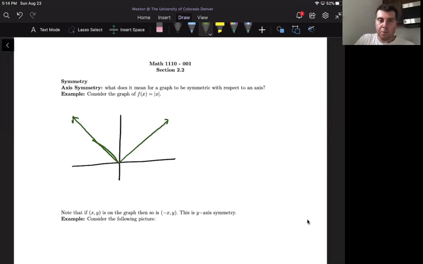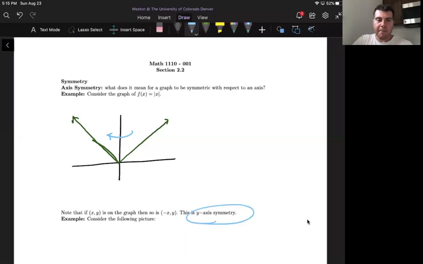And so in this graph, we notice that if we fold one side over onto the other, so we fold it across the y-axis, then the graph looks exactly the same. So this is what's known as y-axis symmetry, meaning that across the y-axis, it looks exactly the same, just a reflection.